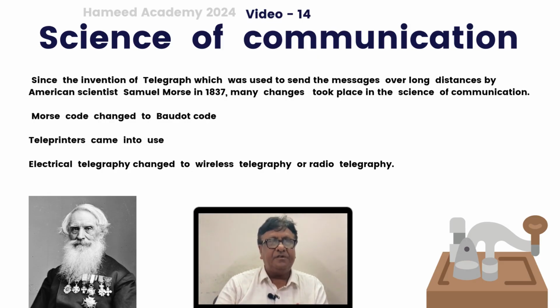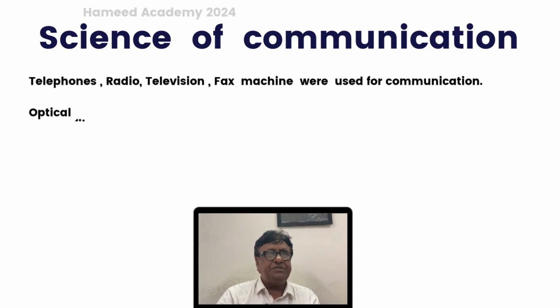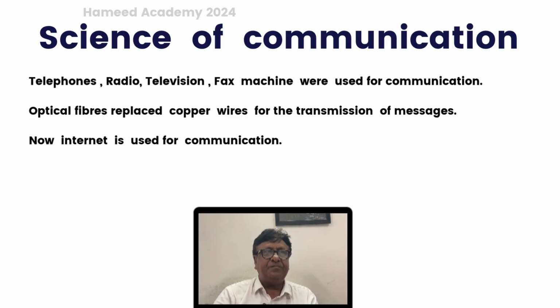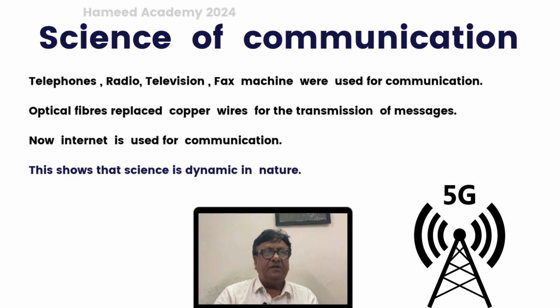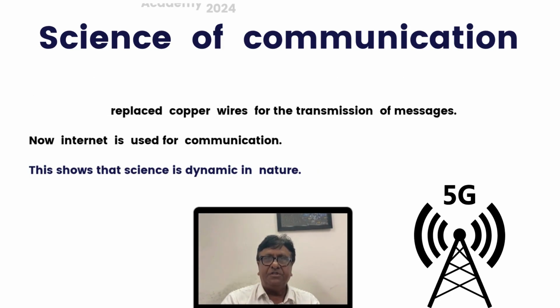Electrical telegraphy changed to wireless telegraphy or radio telegraphy. Telephones, radio, television, fax machine were used for communication. Optical fibers replaced copper wires for the transmission of messages. Now internet is used for communication. This shows that science is dynamic in nature.